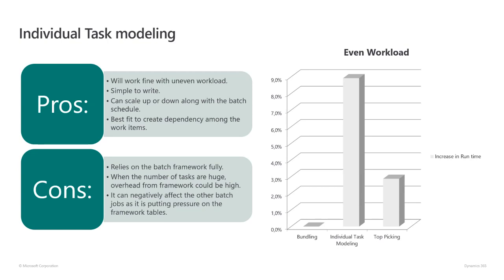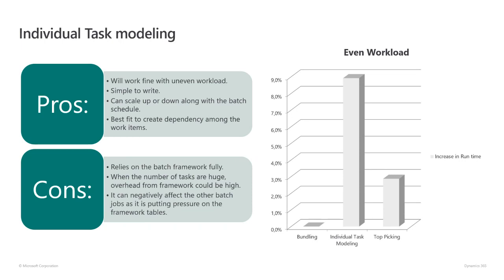We had, for instance, in really early and previous versions of the product, MRP running on this individual task modeling. Some other pros and cons for this approach are that individual task modeling will work fine with uneven workload. And of course, it is really simple to write. There's not much custom or complex logic which you need to apply for grouping here.